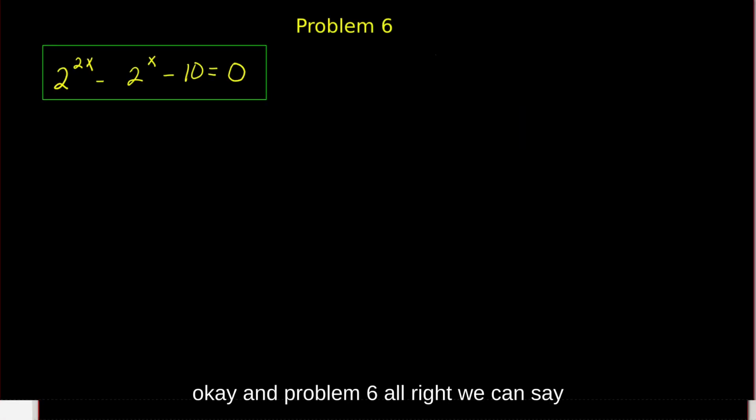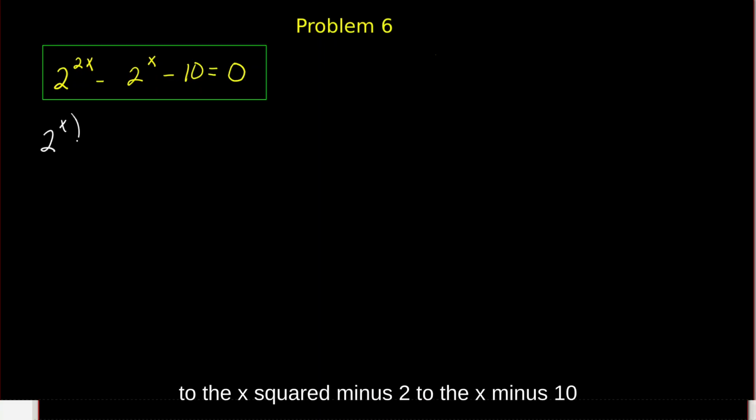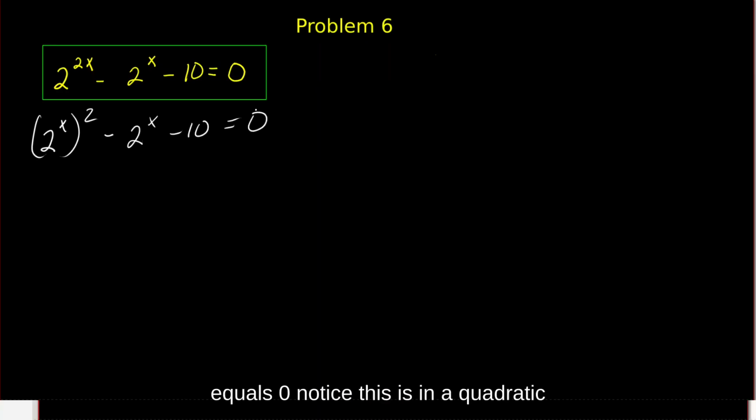Okay, in problem 6, we can say that 2 to the 2x is the same thing as saying 2 to the x squared minus 2 to the x minus 10 equals 0.